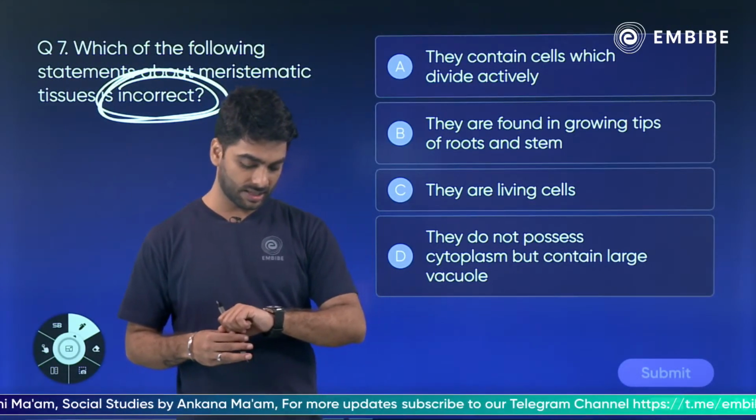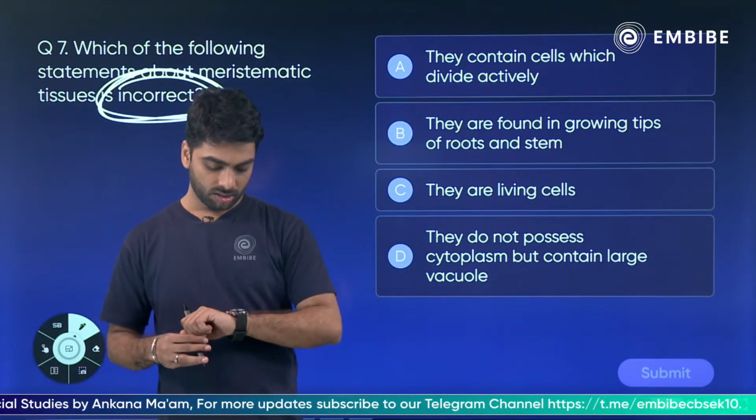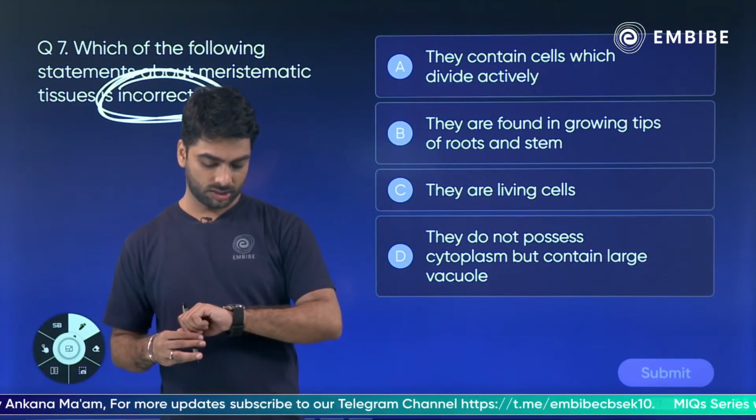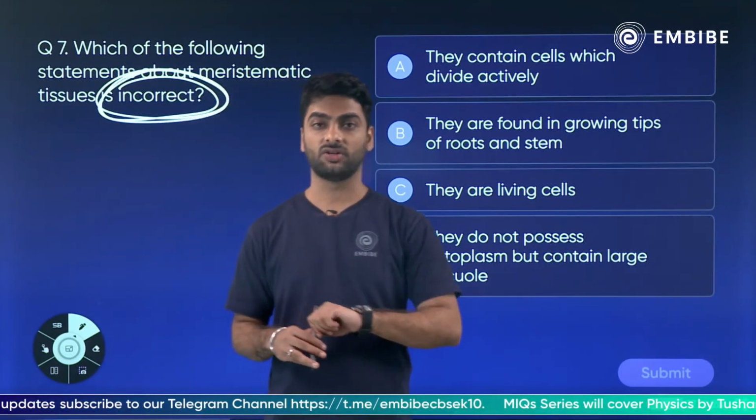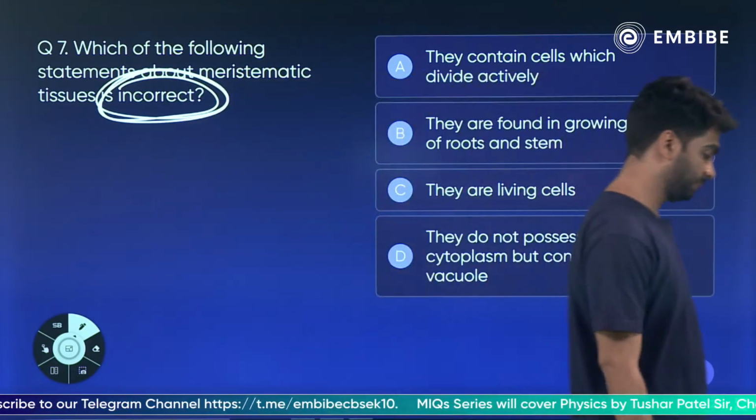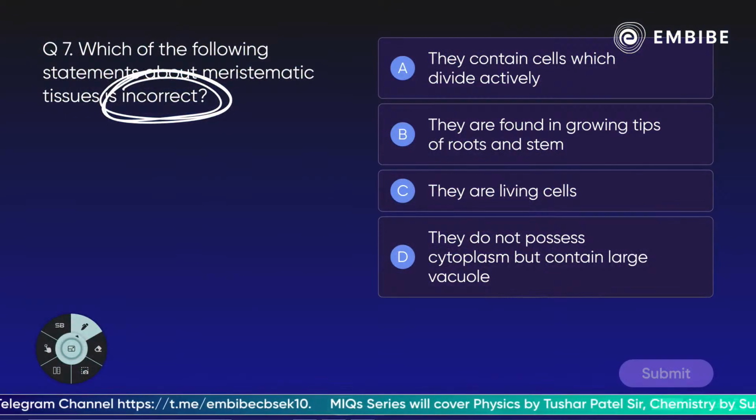Your time starts in 3, 2, 1 and start. You have got 30 seconds. Chalo, quick. Most of you are saying D. 15 seconds are up.